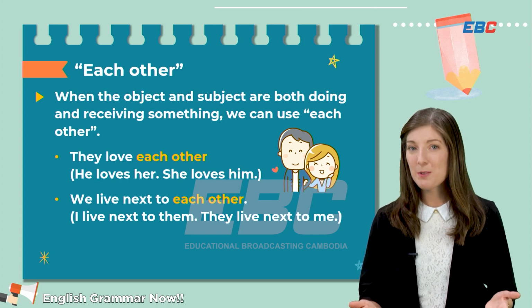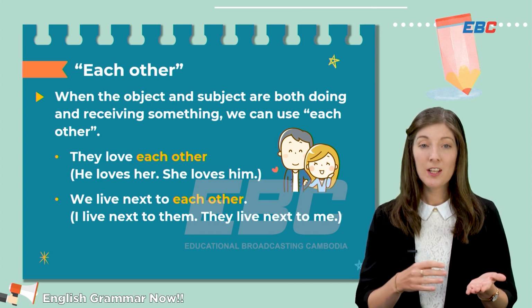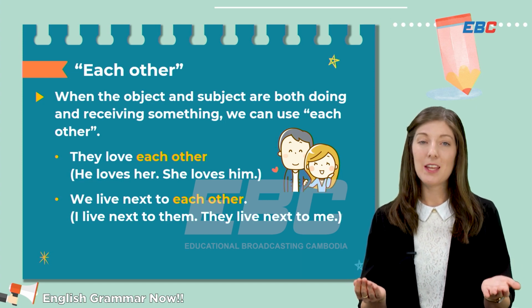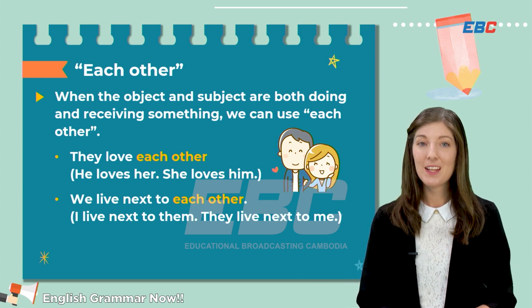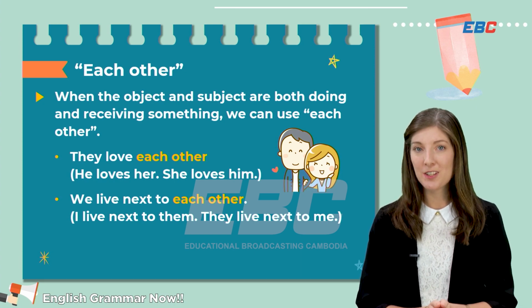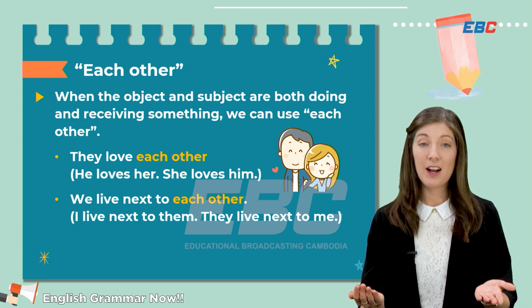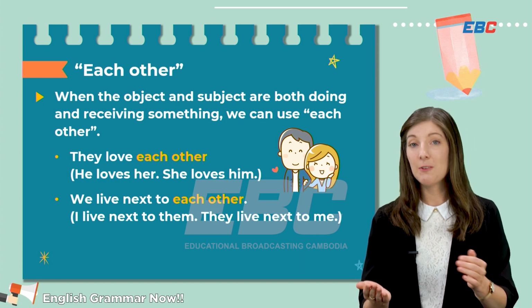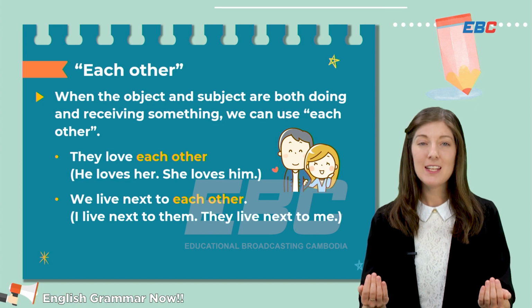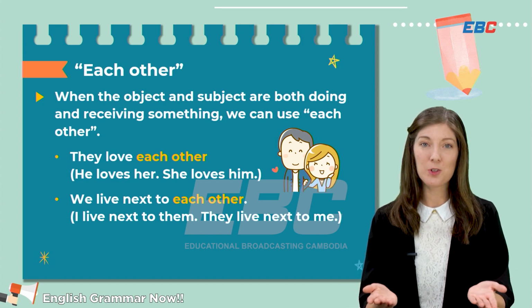We could also say, he loves her, she loves him. But to make it easier, we can say, they love each other. We also might say, we live next to each other, which means I live next to them and they live next to me. But to make it simpler, each other says that both of these are true.